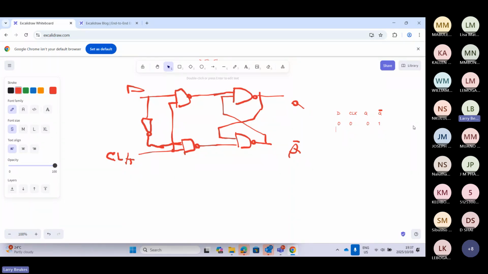For the second case, if D is 0 and the clock is on its rising edge, right? So this will be 0, 1. Your Q will still be 0, 1, right?